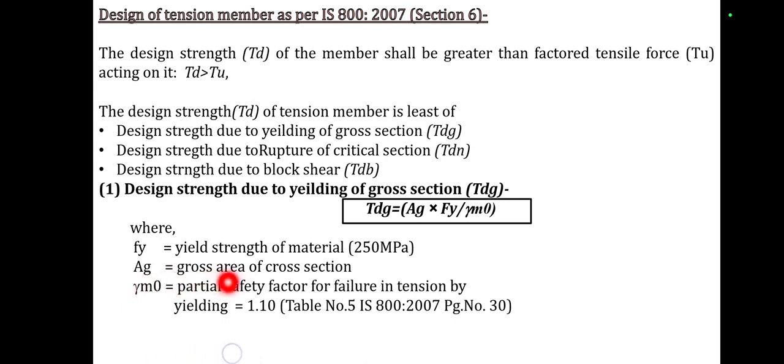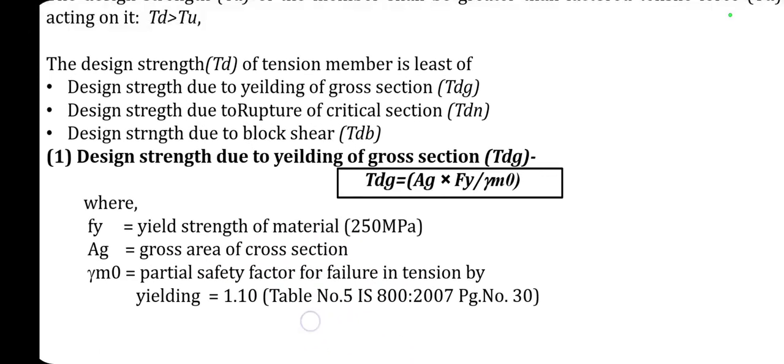Gamma m0 is the partial safety factor for failure in tension by yielding, and it is equal to 1.1, taken from Table 5 of IS 800:2007, given on page number 30.